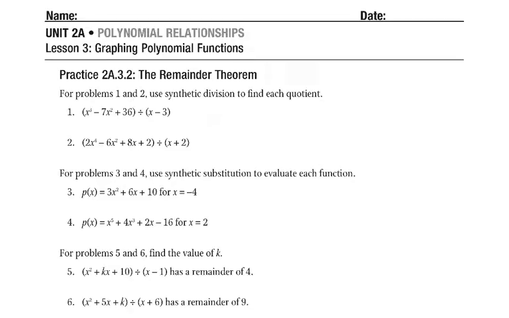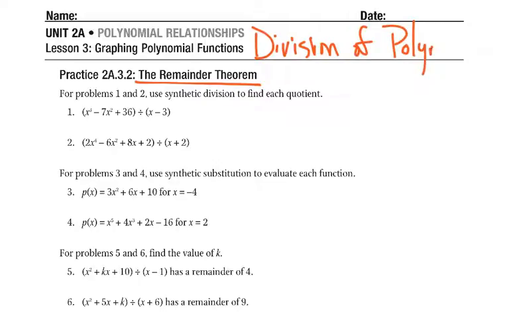Math 3, Practice 2A.3.2, the Remainder Theorem. Alright, so remember when we're talking about the Remainder Theorem, we're talking about division of polynomials. And the Remainder Theorem simply tells us that when we divide a binomial such as this or this into a polynomial, the remainder we get determines if it's a factor or not.